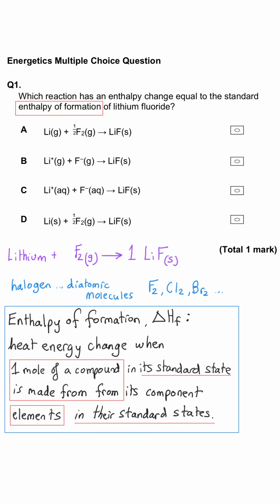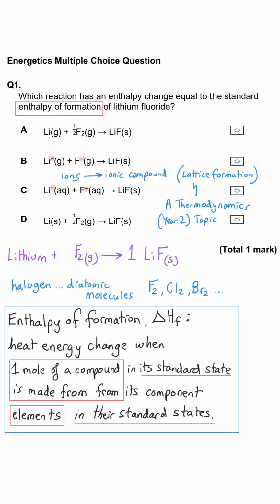And what it doesn't mean is it would be an ion. And so when you make 1 mole of an ionic compound from ions, that's not the enthalpy of formation. That's something different. And so that means that we can rule out B and C because we're making our ionic compound from ions, not from the elements. And so now we're deciding between A and D.